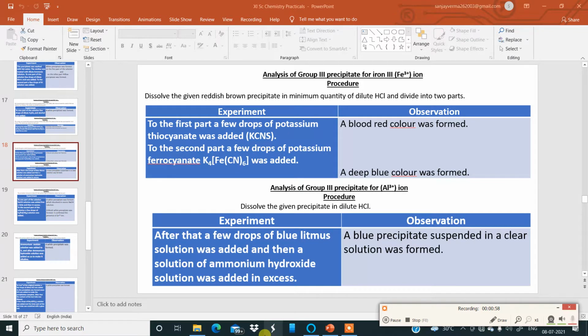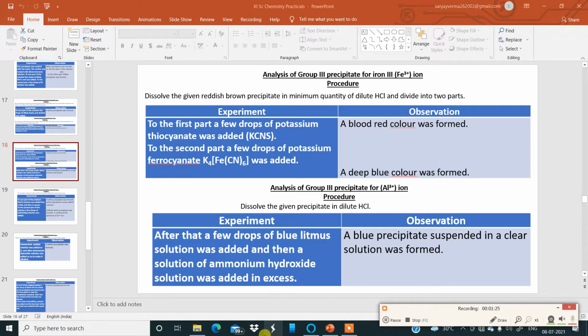We take the sample, make a solution, add ammonium chloride salt and then add ammonium hydroxide solution. Upon addition of ammonium hydroxide, we get a precipitate for group 3. In the case of iron 3, the precipitate is reddish brown.